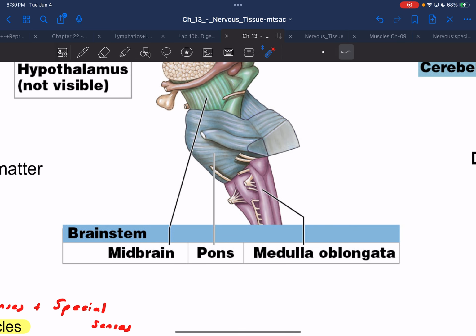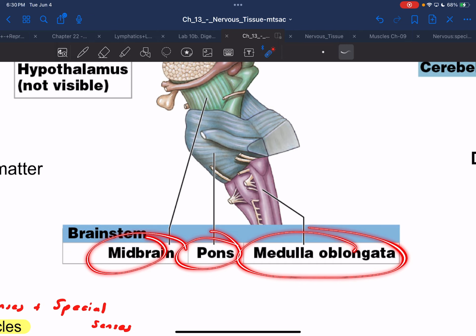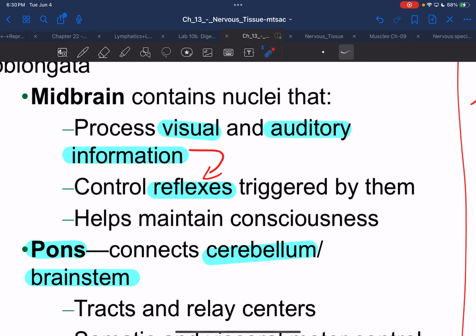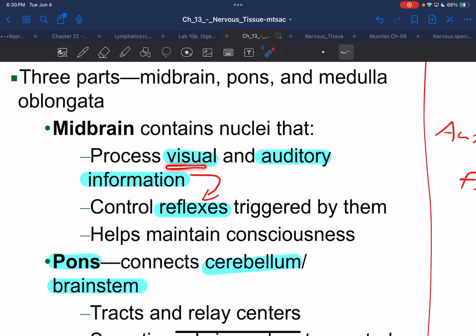And then we have our brainstem, which contains the midbrain, pons, and medulla oblongata. The midbrain is an area where we contain visual and auditory reflexes.